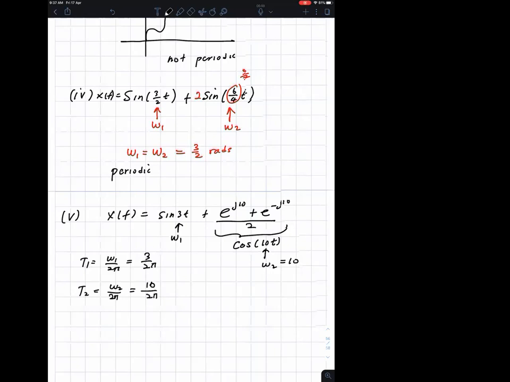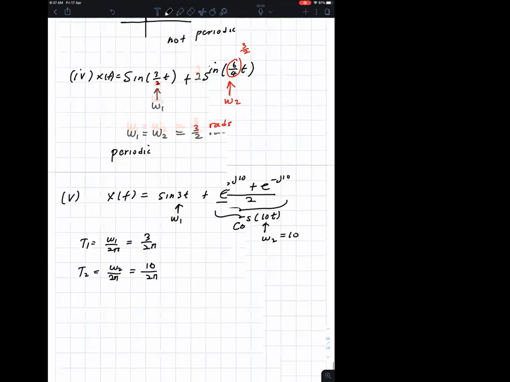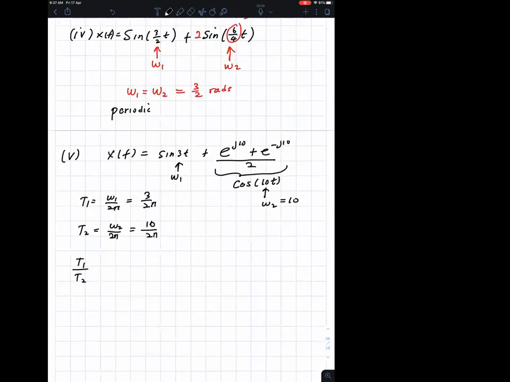Then T1 over T2: T1 is 3 over 2 pi, divided by T2, 2 pi over 10, is 3 over 10, a rational number.